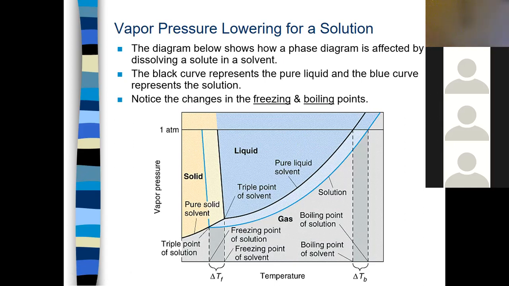So in the old days, when I taught this, we did not limit ourselves to non-volatile solutes. We also talked about volatile solutes. It gets quite interesting because if you have a solute that can evaporate, then there's 3 possible results if you put that solute in a liquid.